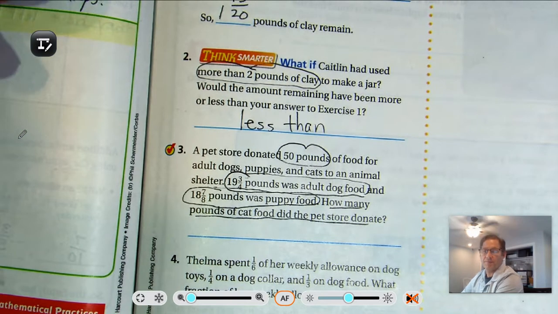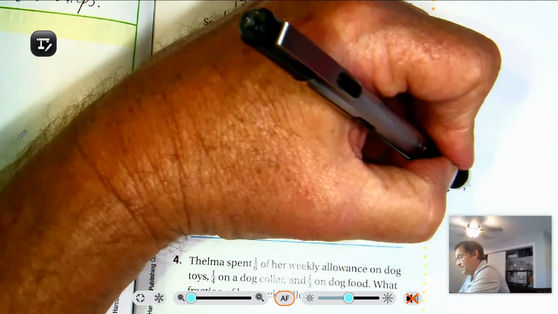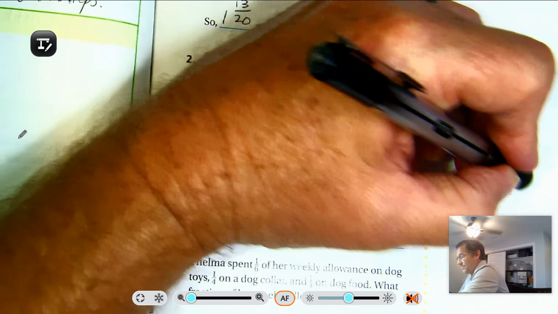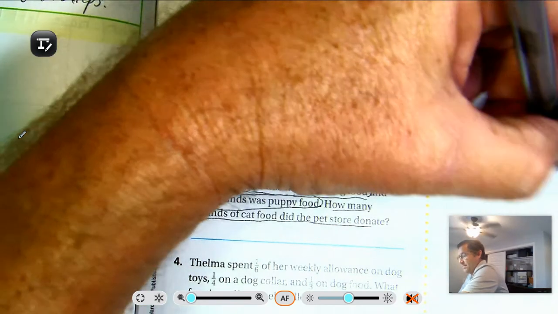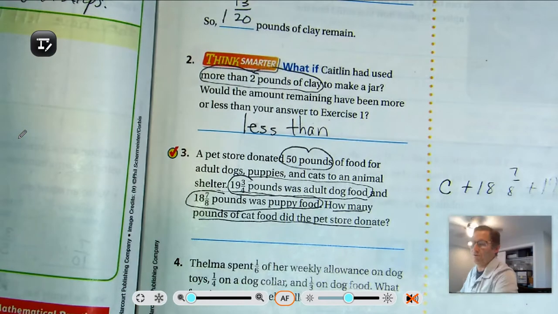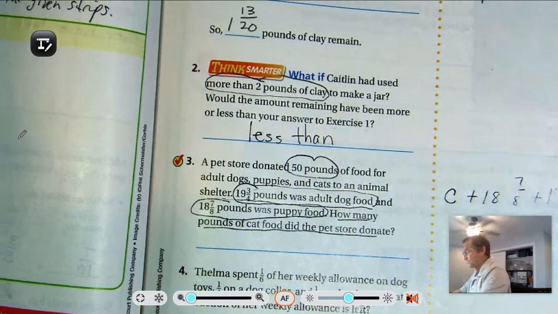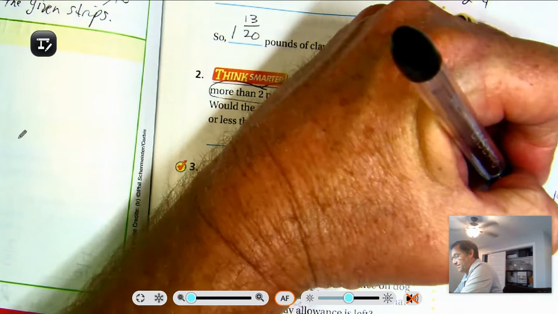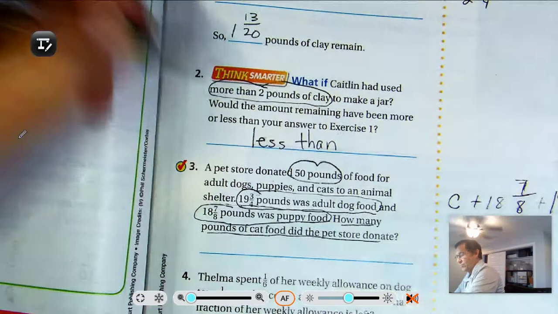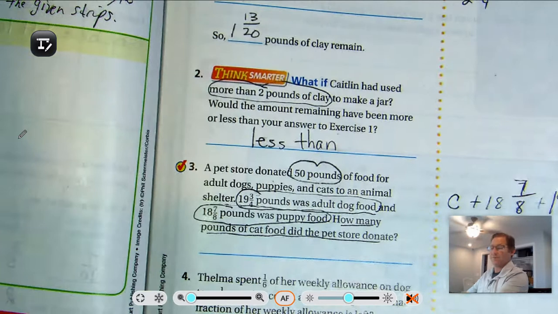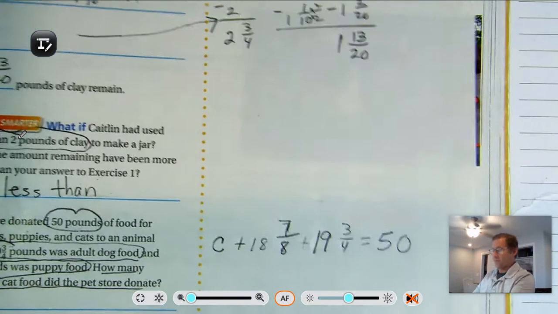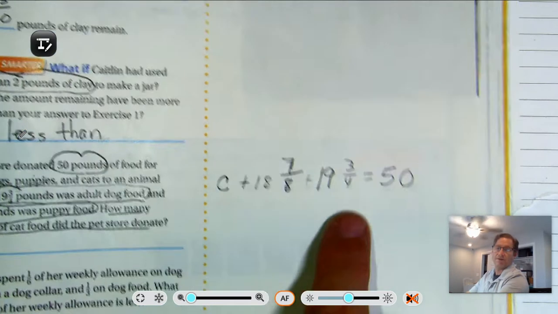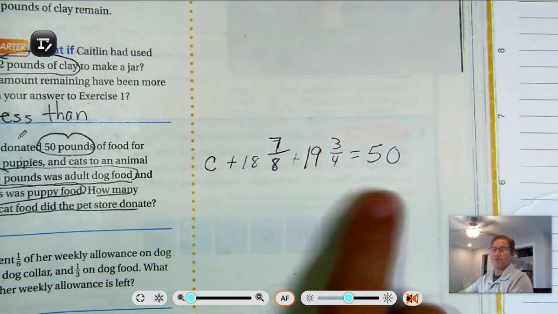Okay, so it's basically the cat food plus the puppy food plus the adult dog food equals the 50 pounds.